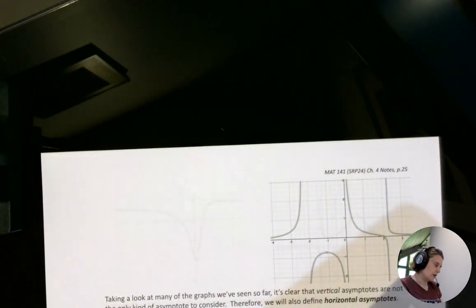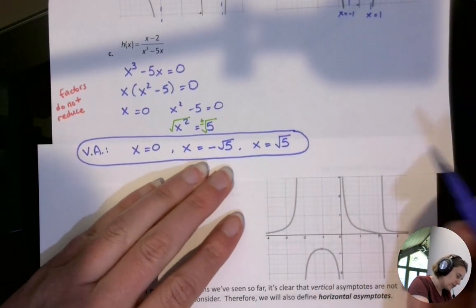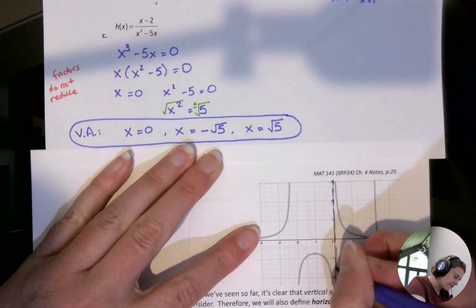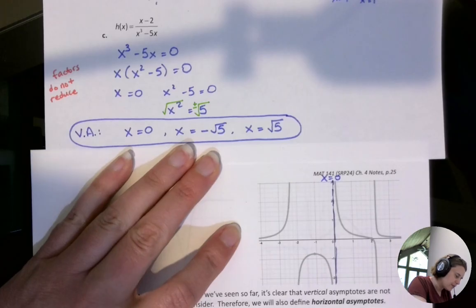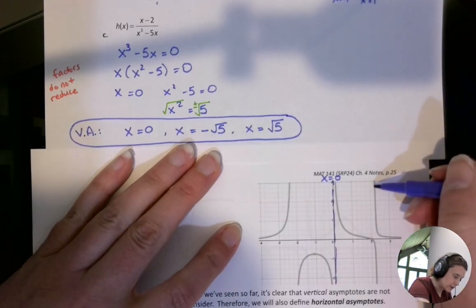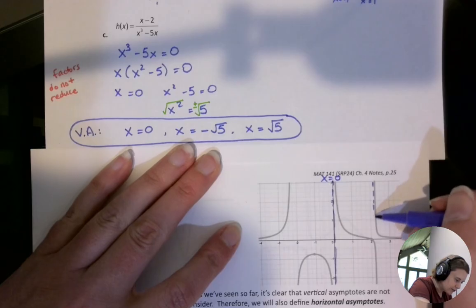But if I take a look, x equals 0, definitely one of the vertical asymptotes right here. The square root of 5, since 5 is bigger than 4, it's going to be just a tiny bit bigger than 2, square root of 4 being 2. So that looks about right here for this asymptote.